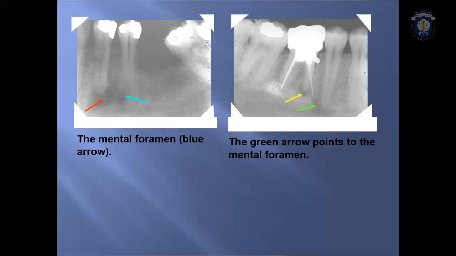The mental foramen is present between the roots of the first and second mandibular premolars. In the second radiograph, the yellow arrow shows the periapical lesion associated with the mesial root of the mandibular first molar, whereas the green arrow shows the oval-shaped radiolucency of the mental foramen.